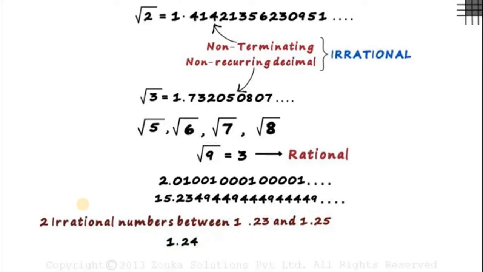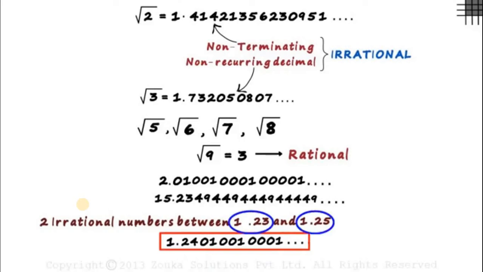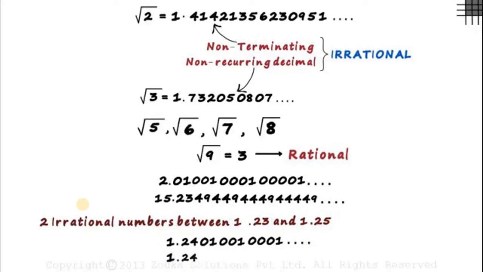After 1.24, we can start writing 01, 001, 0001, and so on. That's one irrational number between these two numbers. Again, you can try like this: 1.2402, 002, 0002, and so on.